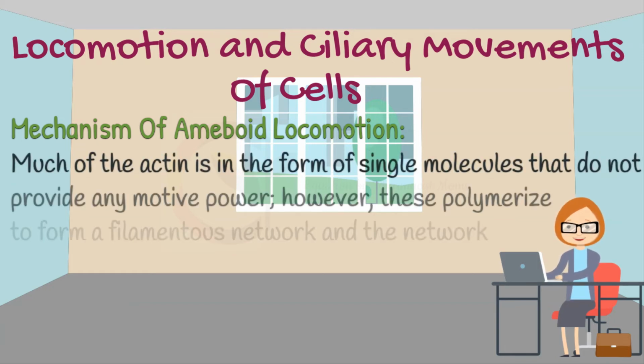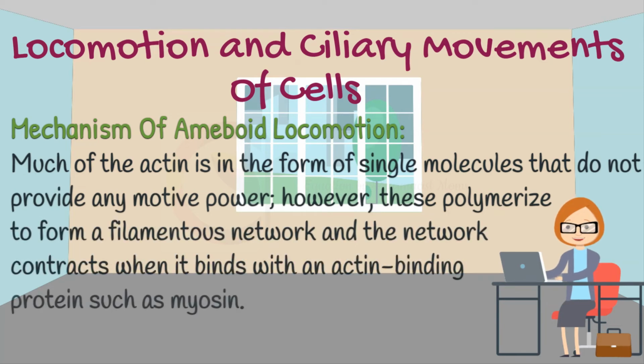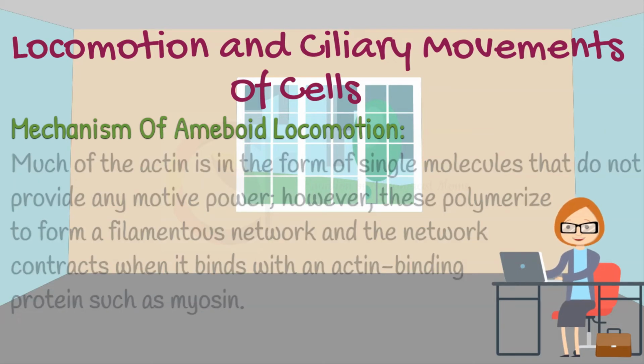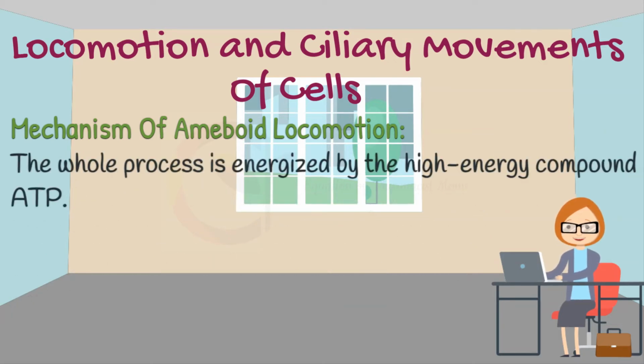Much of the actin is in the form of single molecules that do not provide any motive power. However, these polymerize to form a filamentous network, and the network contracts when it binds with an actin-binding protein, such as myosin. The whole process is energized by the high-energy compound, ATP.